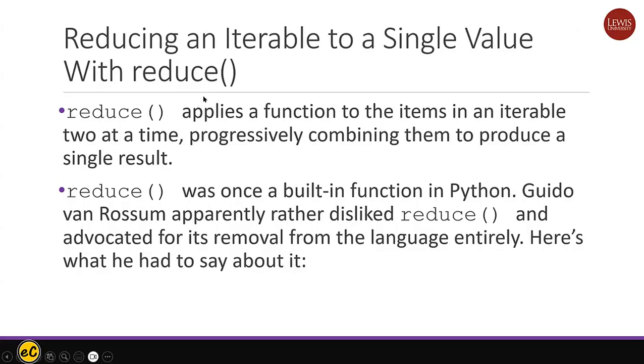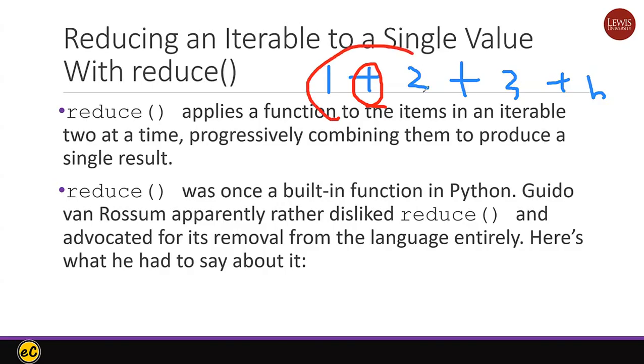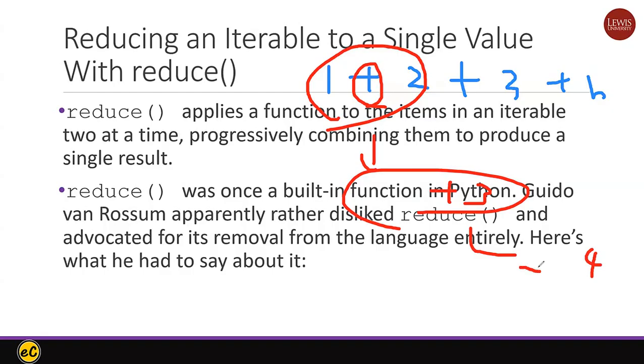Reduce function. Okay, the reduce function is, you have 1, 2, 3, 4. You apply the reduce function with the plus sign to reduce this to a new value, and then this new value reduces with this, and then apply with 4 with the plus sign.